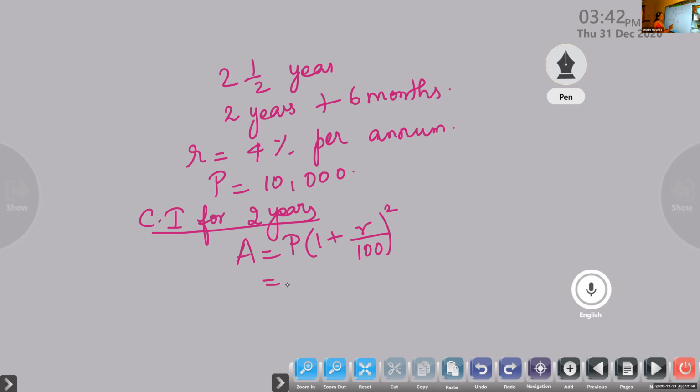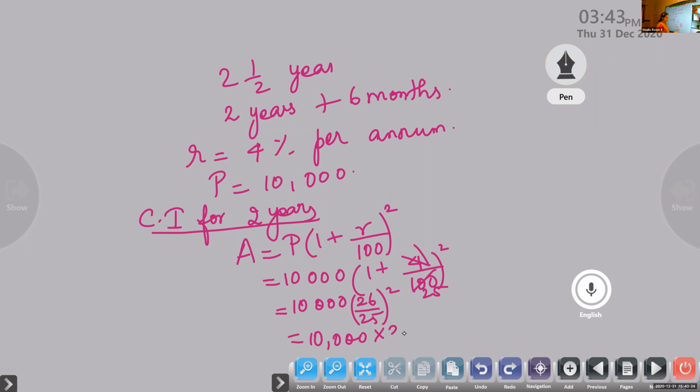Principal is 10,000. So 10,000 into 1 plus 4 by 100, the whole square. 4 by 100 is 1 by 25, so 10,000 into 26 by 25, the whole square, which is 10,000 into 26 by 25 into 26 by 25. Find the amount. So this is step 1.